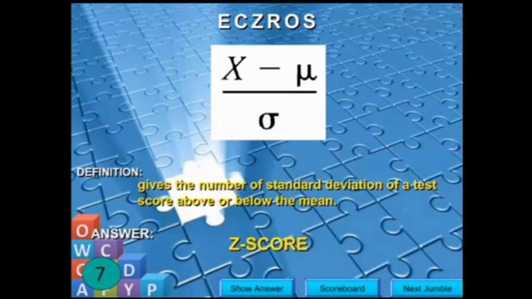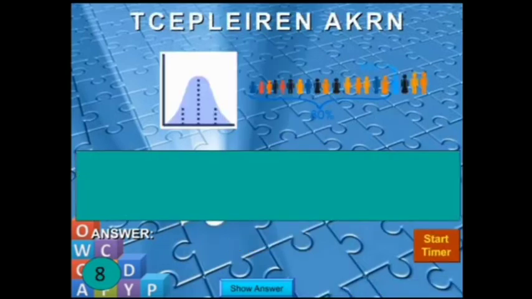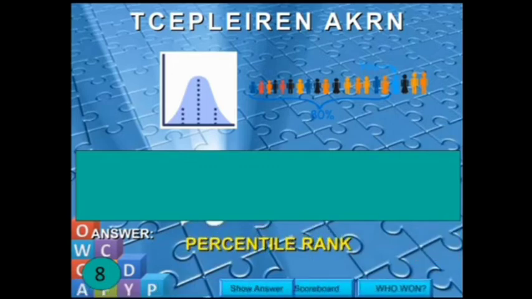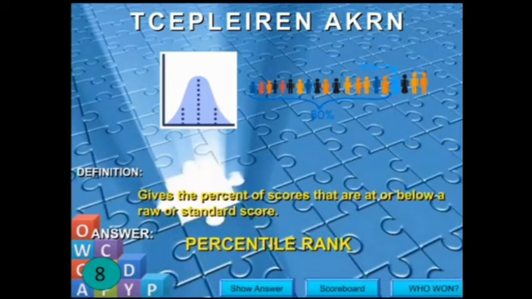And for the final round, round 8. Time starts now. Time's up. The answer is percentile rank. It gives the percent of scores that are at or below a raw or standard score.